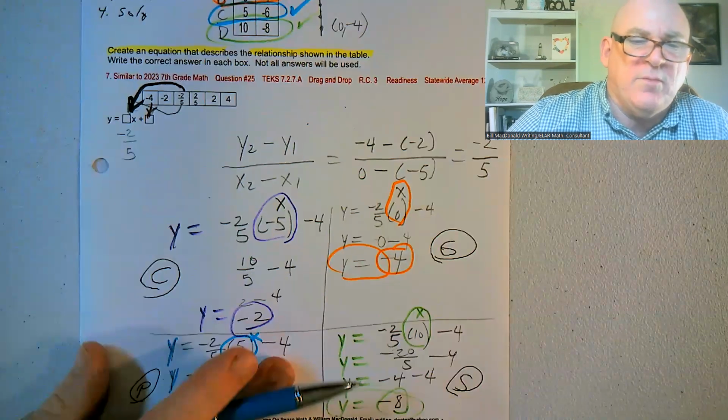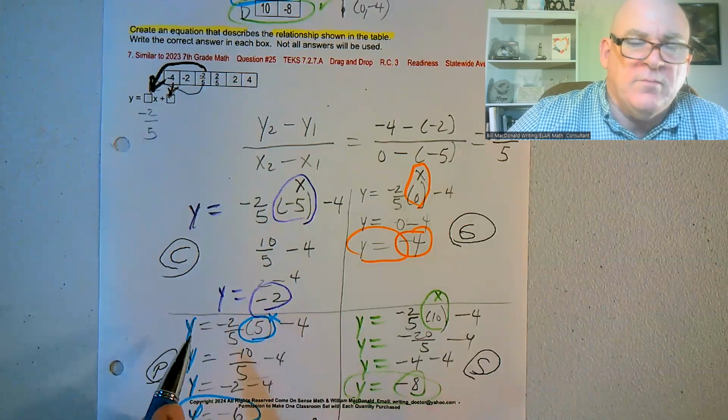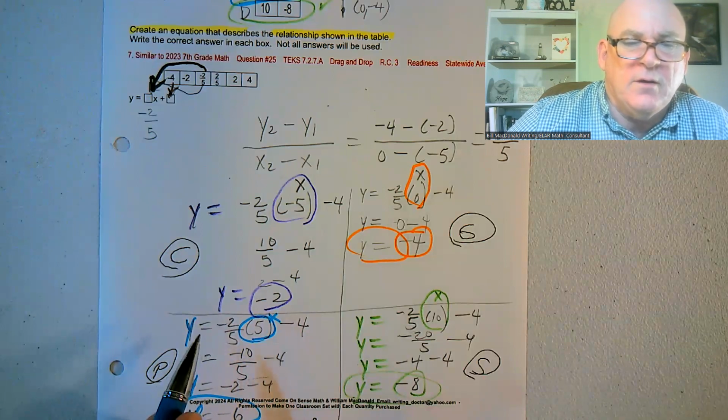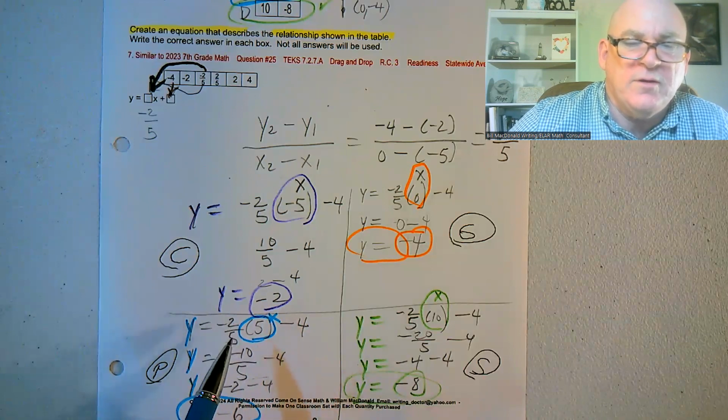Then when you get to the partner level, hopefully with kids who can get along and work together, same slope, y equals mx plus b, -2/5, rise over run.